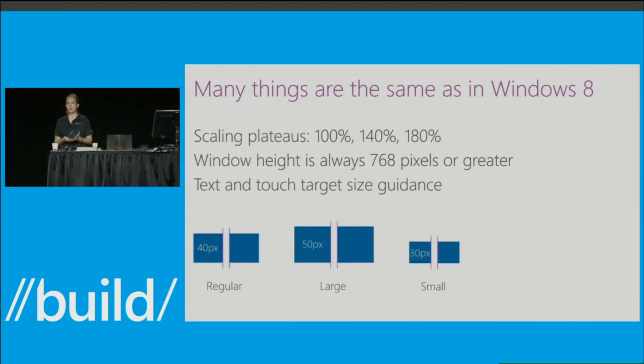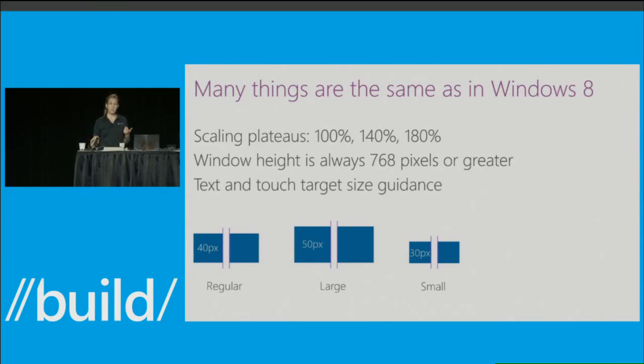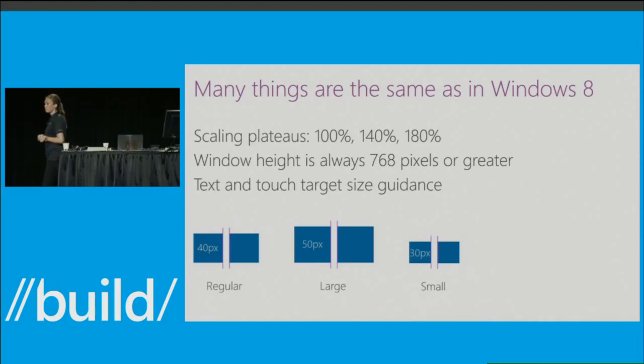So even down to a 7-inch screen size, it still has to have 768 vertical lines of resolution. So that means that UI on these small tablets can get small. They can be fairly dense screens. But if you follow our text size and touch target size guidance from Windows 8, your UI will be great on all of these screens.